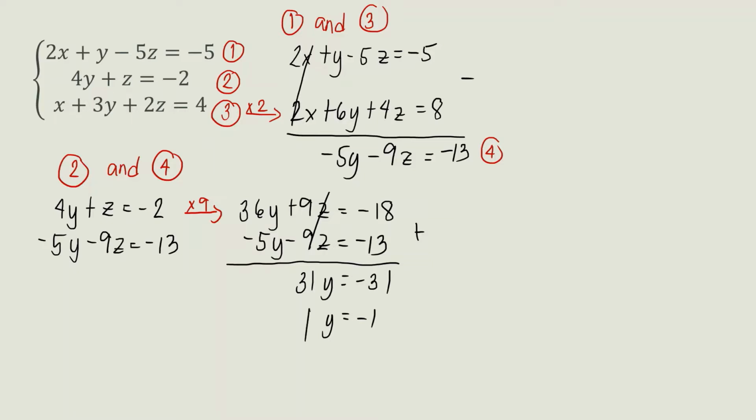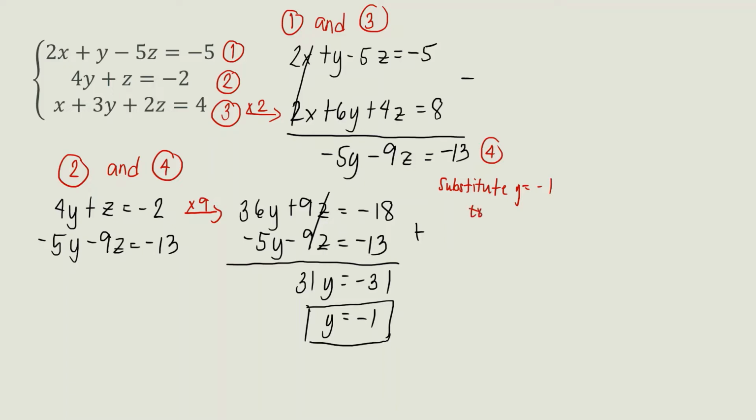Now, let us find the value of z, of course. You can choose whether you want to use equation 2 or 4. Let's use 2. So let's substitute y equal to negative 1 to equation 2.